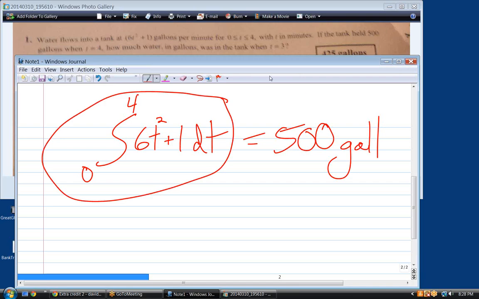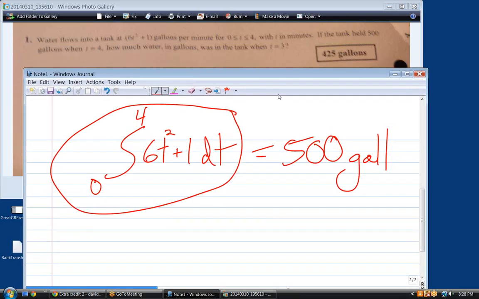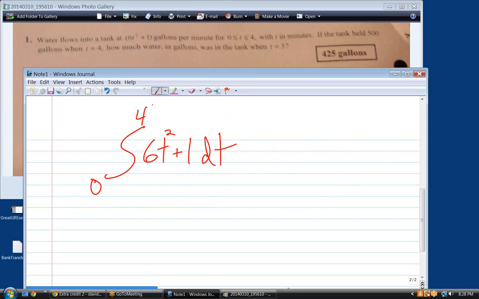I guess we can figure it out if we get the right answer. How much water was in the tank? No, we can't assume that it's empty. This isn't equal to 500.